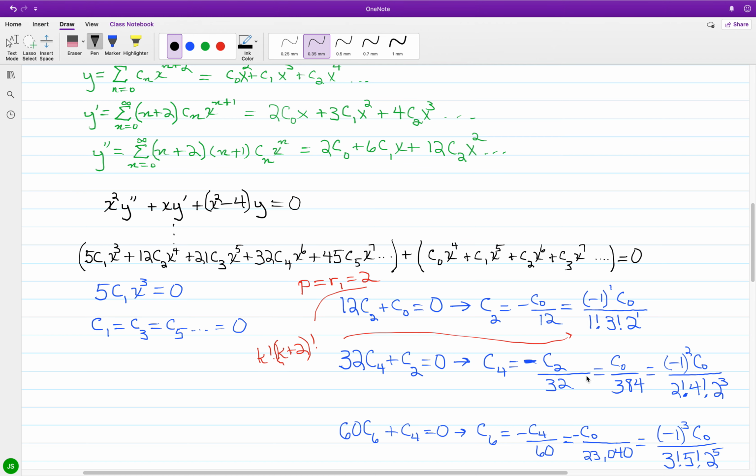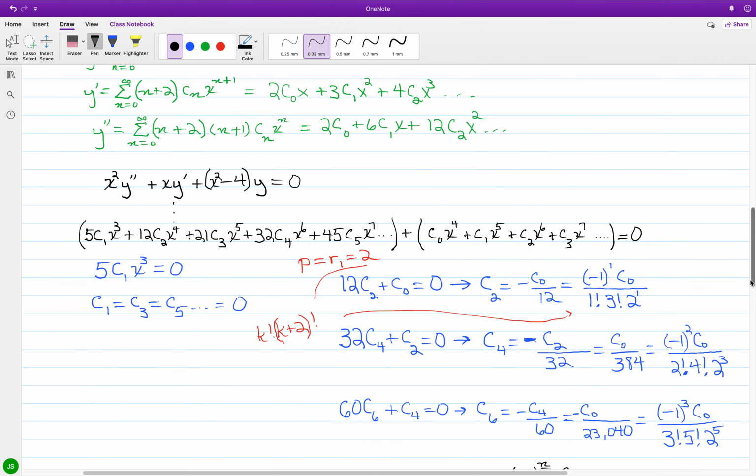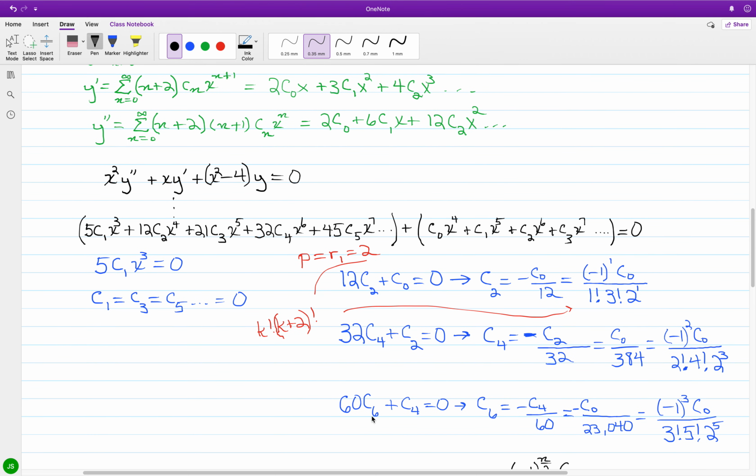And c4 is equal to negative c2 over 32, and in terms of c naught, that is c naught over 384. And for c of 6, now I have 60 c of 6 plus c of 4 is equal to 0. And we have that c of 6 is equal to negative c of 4 over 60, and that would translate out to negative c naught over 23,040.